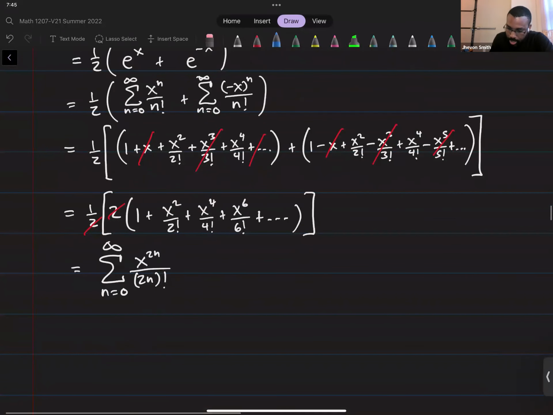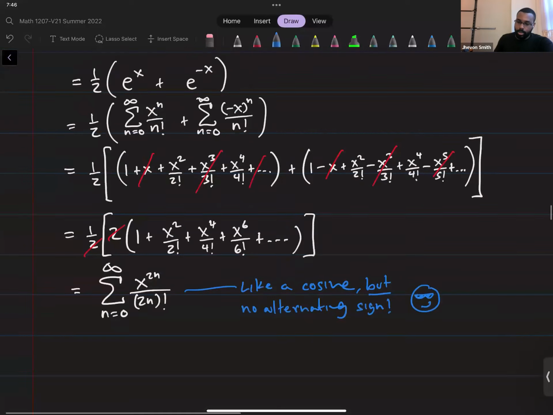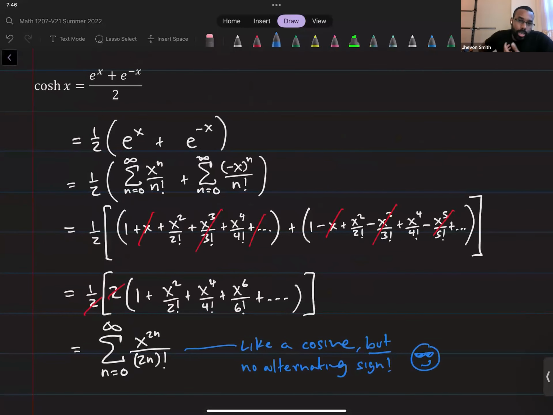So it's like a cosine, but no alternating sign. Right. So calling it a hyperbolic cosine is actually a very good name.